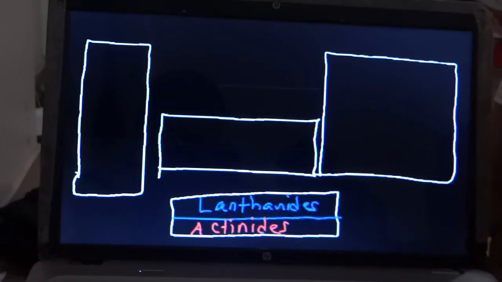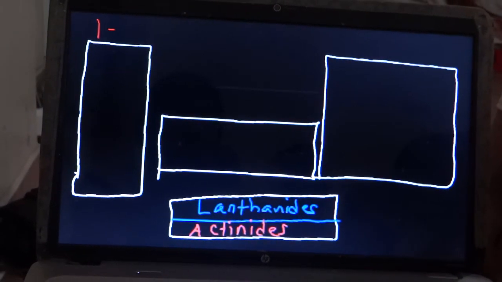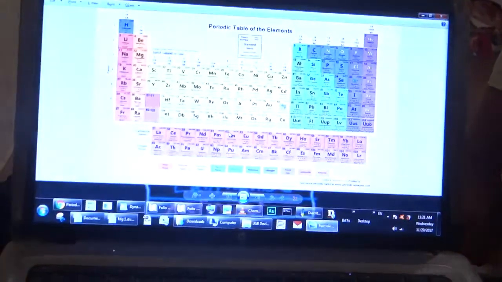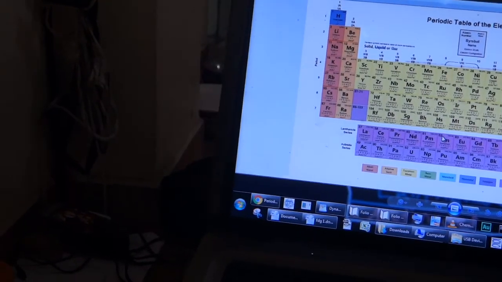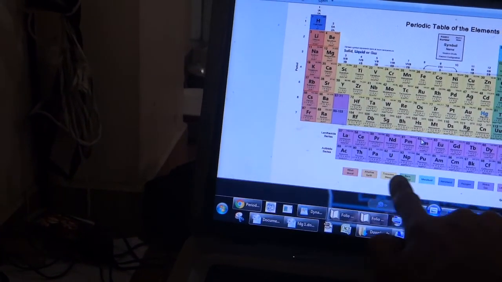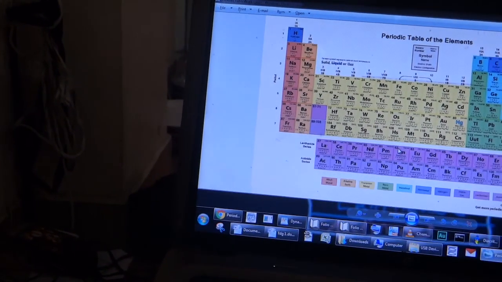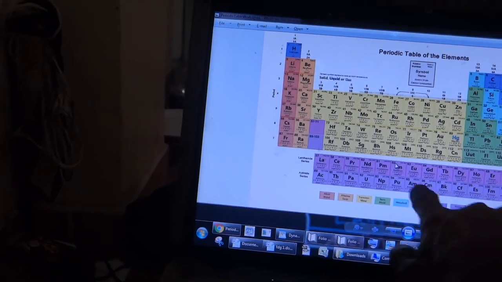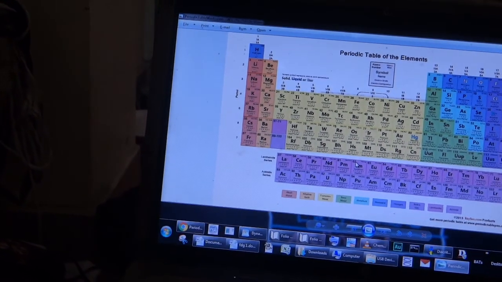These are the lanthanide series and the actinide series.